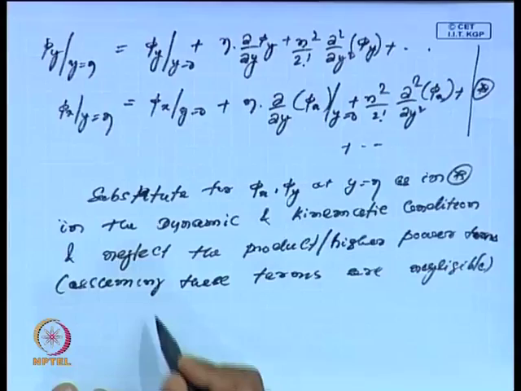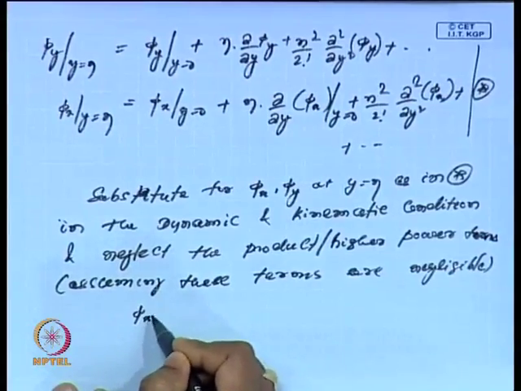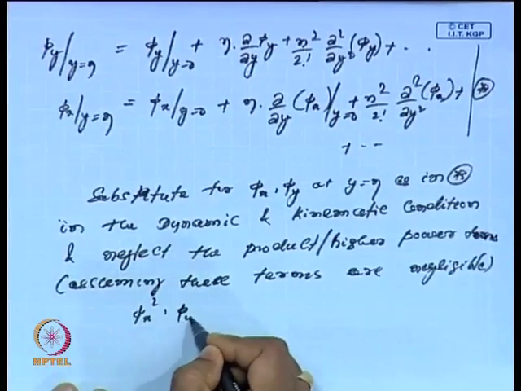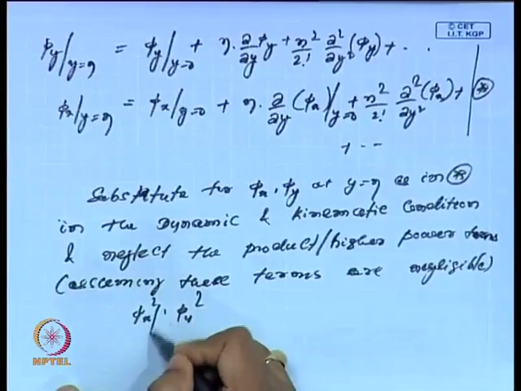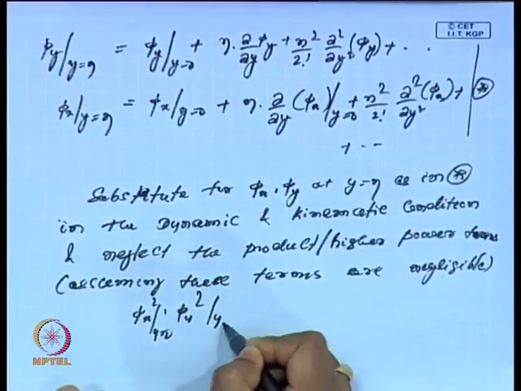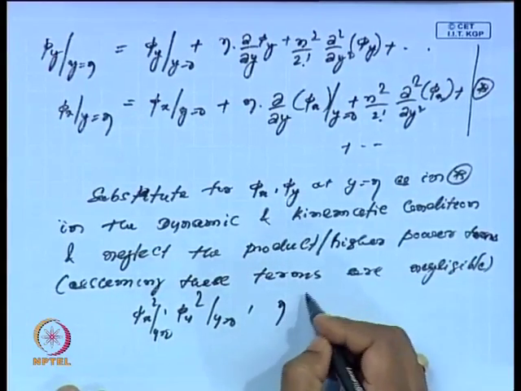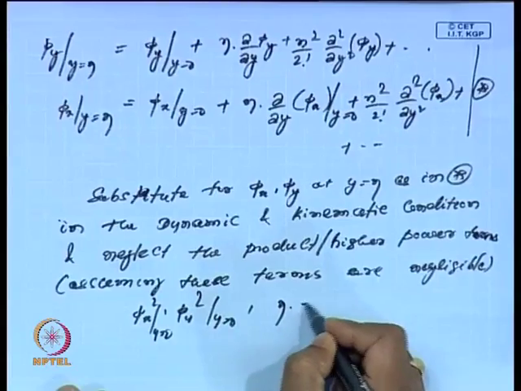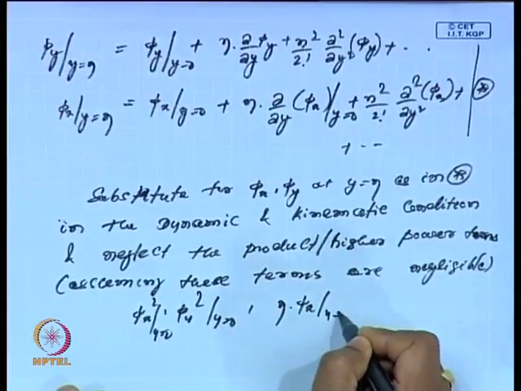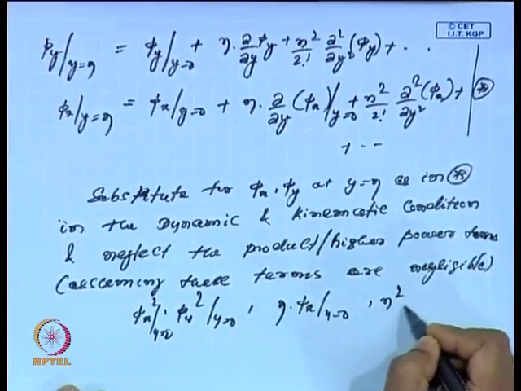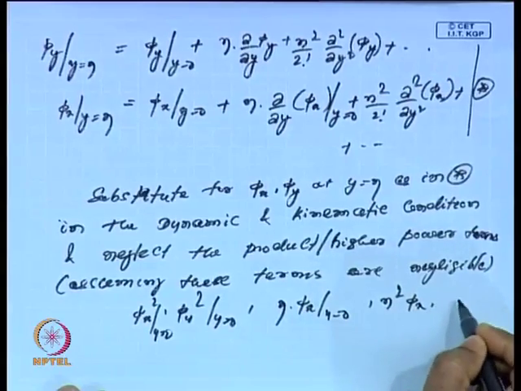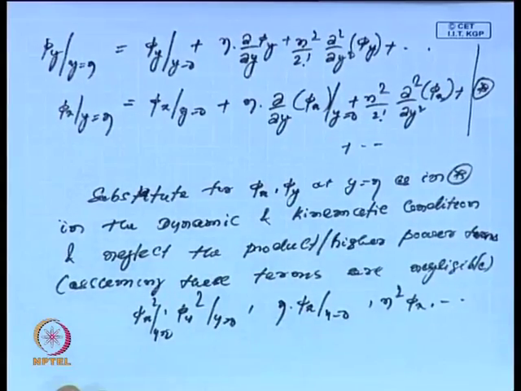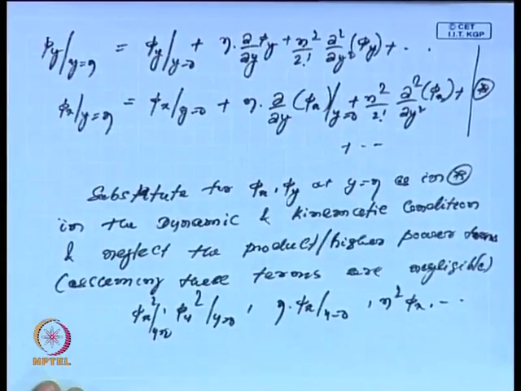So, I will be neglecting phi_x square, phi_y square at y is equal to 0, then I will be neglecting eta into phi_x at y is equal to 0, eta square into phi_x, and so on. Basically, we retain the linear terms and neglect higher powers.